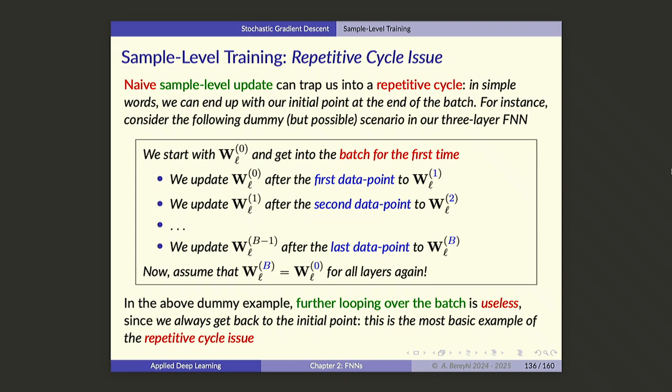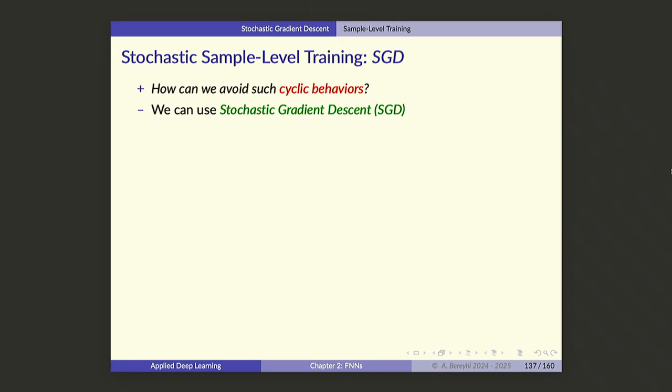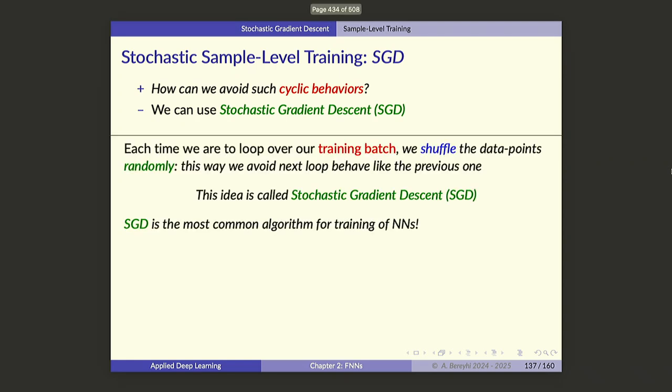This is still gradient descent. It is sample level, so I'm just using one sample gradient each time. But I start with a stochastic point, and the main reason is that I don't want to see this cyclic behavior. If you just loop over the batch every time, it's not going to help. The only simple fix is to go for stochastic gradient descent.